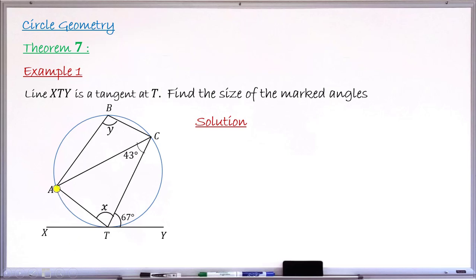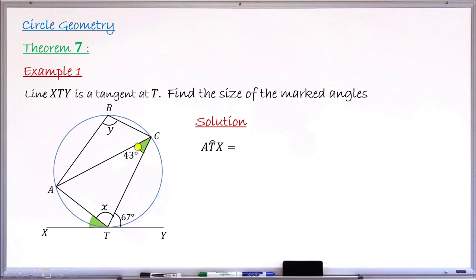Let me just think how I can find this angle ATX. Look at it. It's an angle between the tangent XT and the chord AT. This is the angle. And this chord AT obtained angle 43 degrees at the other segment.